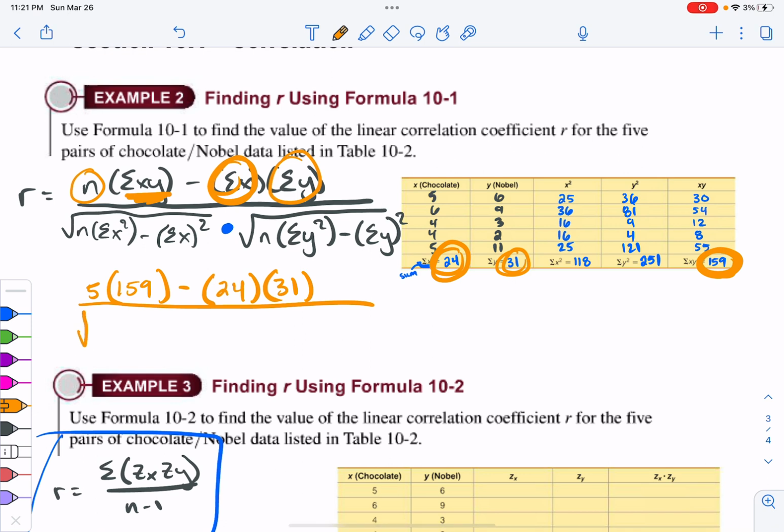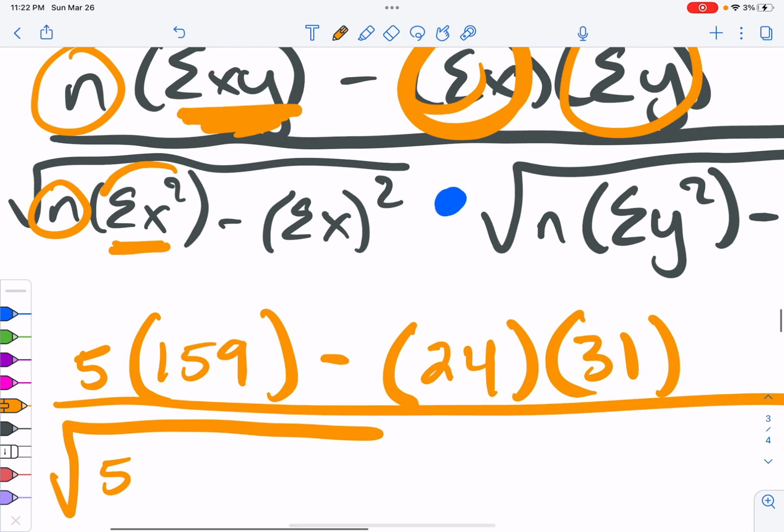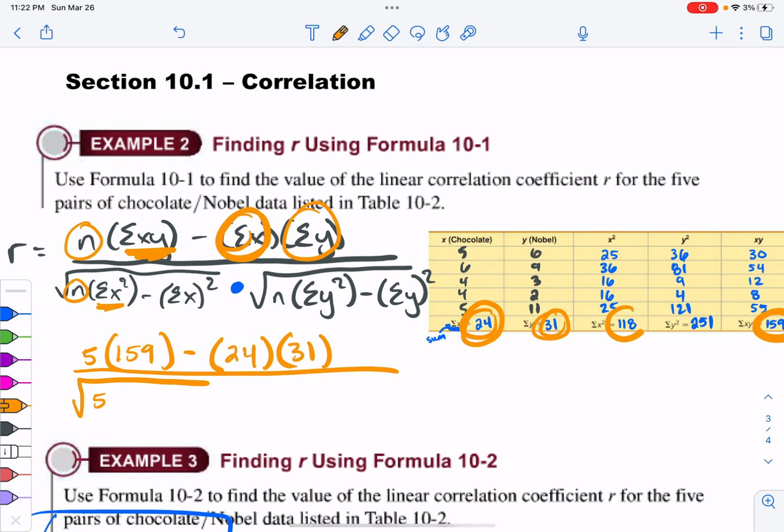And then on the bottom, I have the N, which is 5, times the sum of the X squared values. Now, pay attention to this. This is sum of X squareds, and this is the sum of all the X's squared. So pay attention to where the square is. Here, I want the X squared values, which is these guys right here. This is 118, okay?